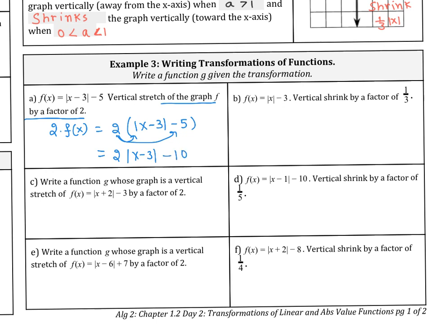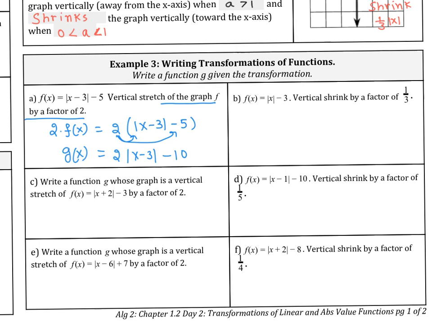And we can name that 2 times f(x) as a new function, that is g(x). So the g(x), which is a vertical stretch of the graph f by a factor of 2, is 2 times absolute value x minus 3 minus 10.